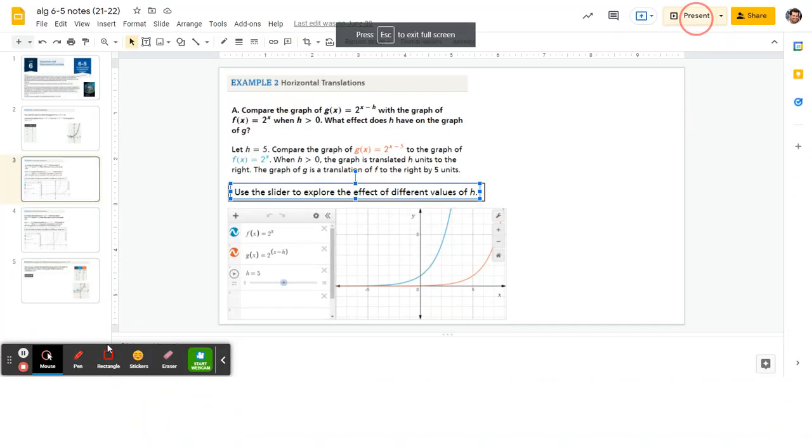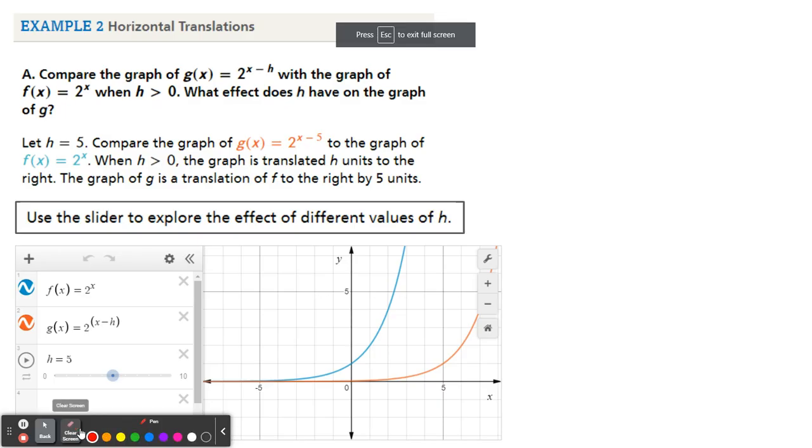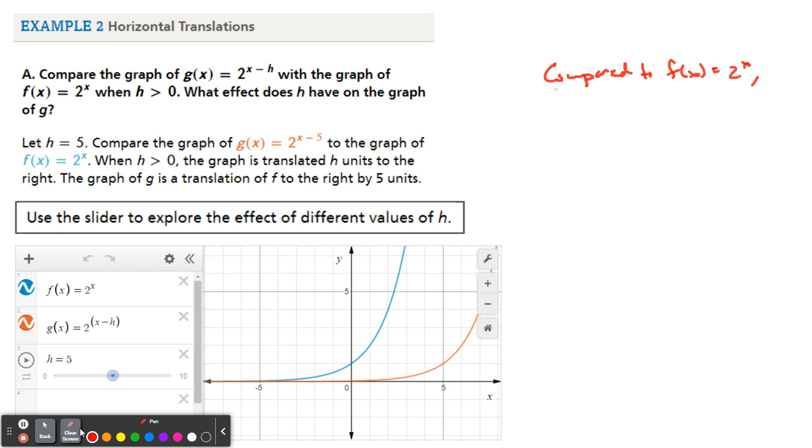All right, so in summary, let's make our summary statement. Compared to f of x equals 2 to the x, the graph of g of x equals 2 to the x minus h, with h greater than 0.